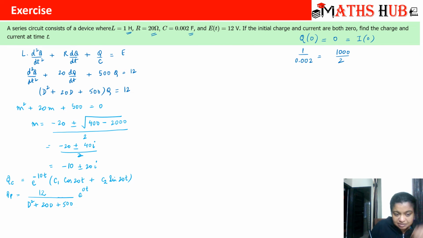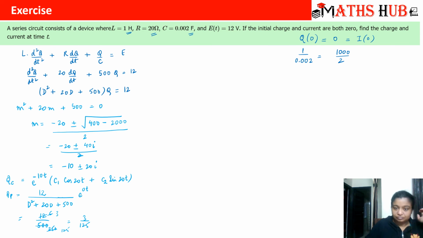So when you replace d with 0, you'll get 12 by 500. So this is 12 by 500, right? And this will get reduced, you can cancel it with 2, so it is 6 by 250. And then when you further reduce it by 2, it is 3 by 125, right?